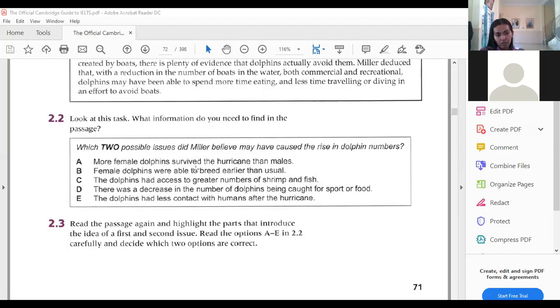D, there was a decrease in the number of dolphins being caught for sport or food. And last choice, the dolphins had less contact with humans after the hurricane. So what might be the answers if you don't go back to the text, but from what you skimmed earlier? Can you find the answers, or do we need to go back to the text for this one?